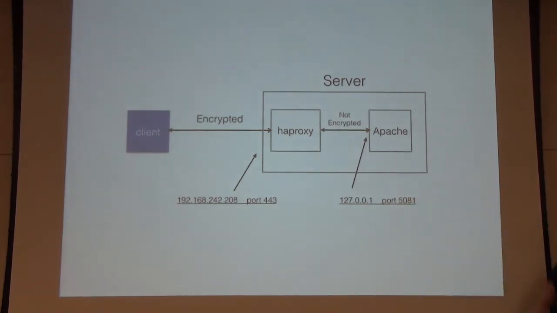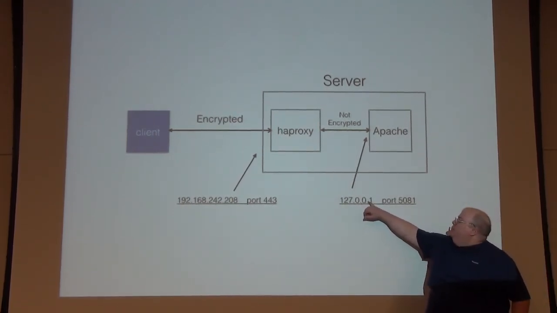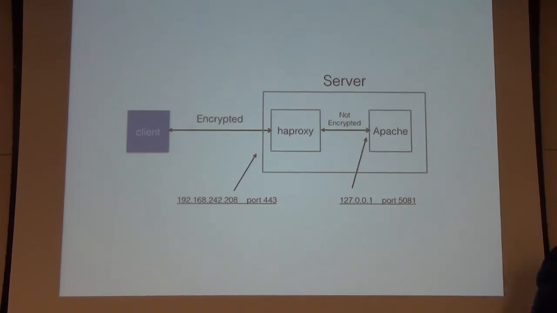That machine might be 300 miles away from me, but it doesn't matter because TCPDUMP is a command line utility. So I can SSH into that server, and I can bring up TCPDUMP on -i lo, which is the 127.0.0.1 loopback interface, and I can watch the traffic.